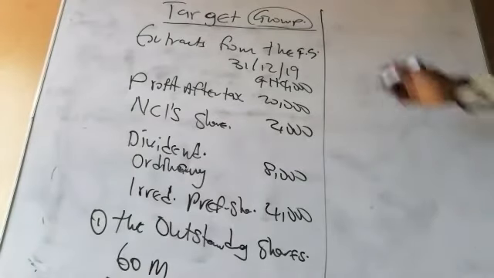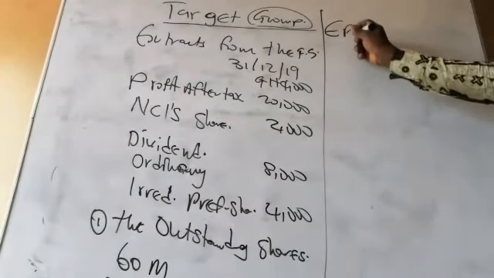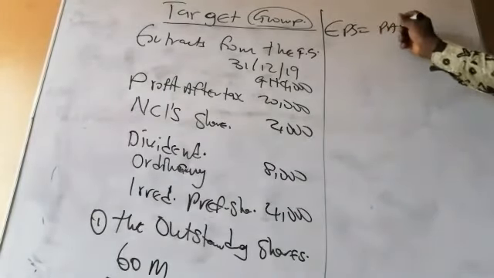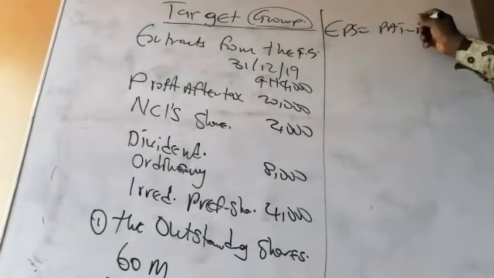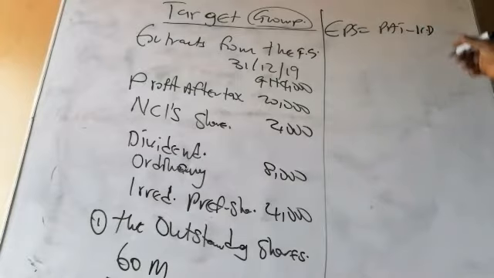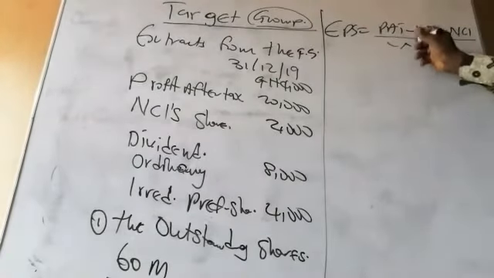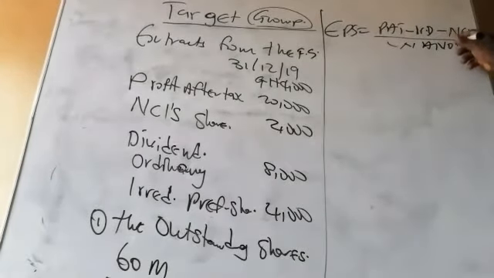So we tell the examiner that earnings per share is equal to the profit after tax less irredeemable preference dividend less NCI profit, all divided by weighted average number of shares.